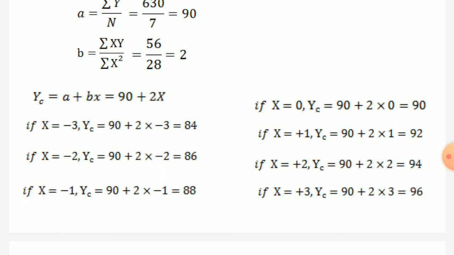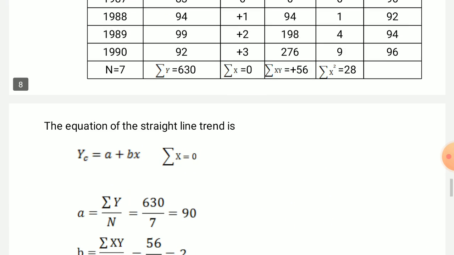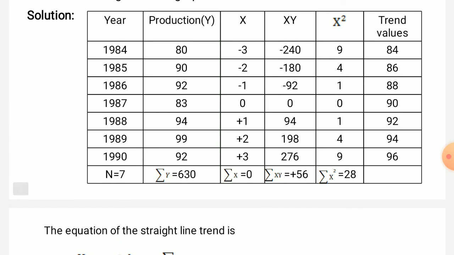If x is equal to minus 1, then yc is equal to 90 plus 2 into minus 1, which is 88. Here we have to substitute the values of x as given. These are the trend values.